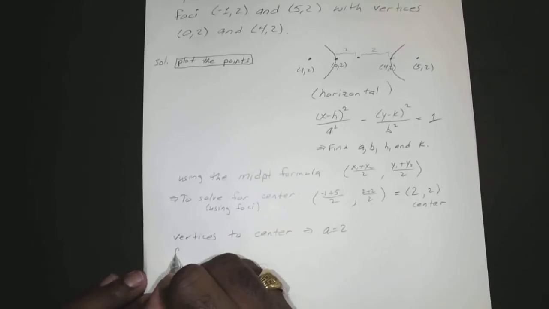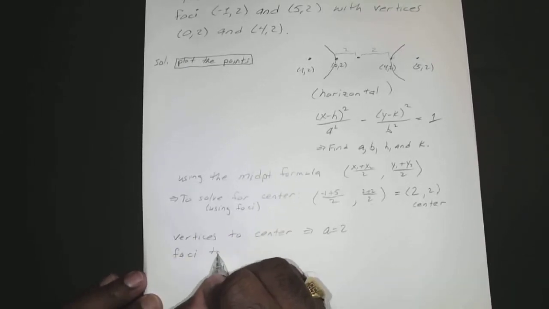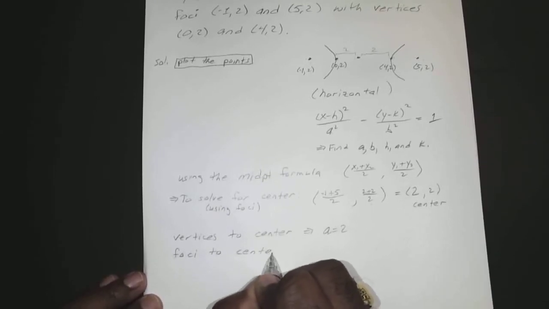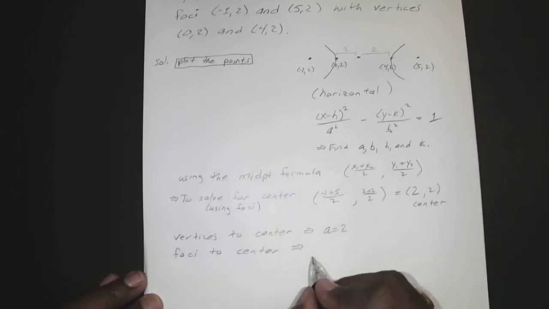Nope, not vertices. Focus points to the center. Yep. Okay, so that means our C is equal to 3.